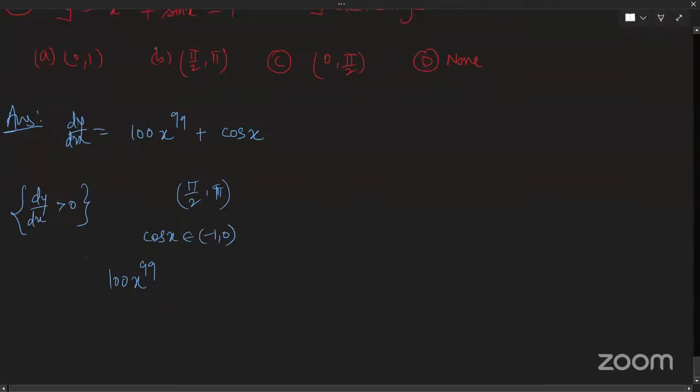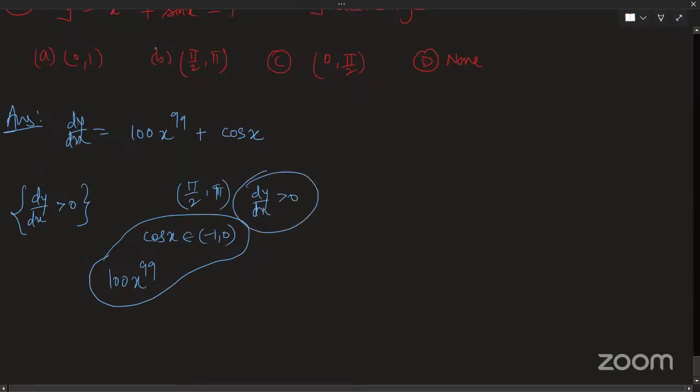Cos x will be only between -1 and 0, but for 100 x raised to 99, pi by 2 means something like 1.5. So you take 1.5 raised to the power of 99 and multiply it by 100. There is no chance that the sum of this can be 0 or negative. So obviously your value of dy by dx will be positive in your second option also.